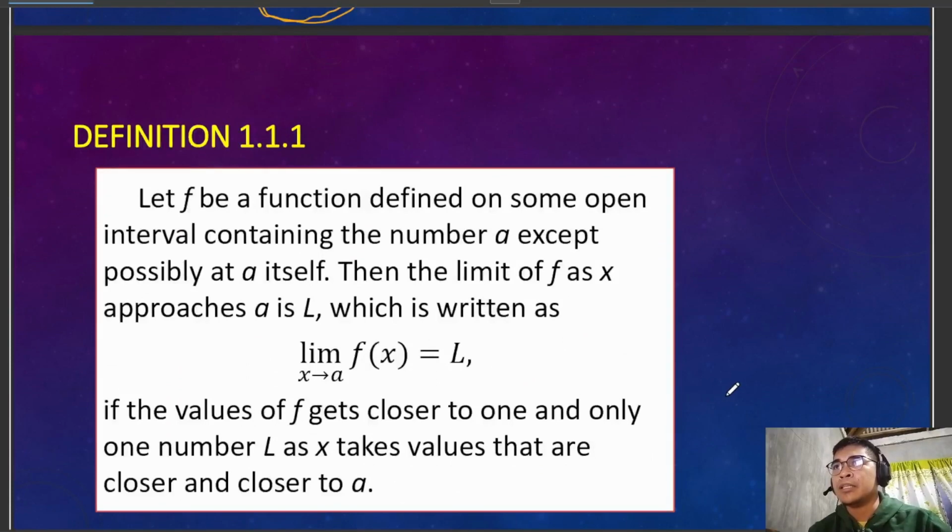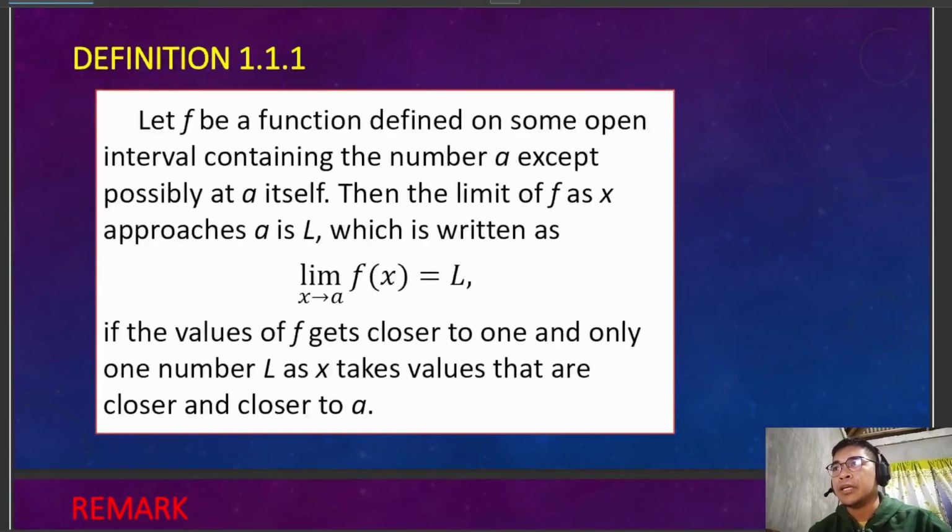Now, let's have the definition. Okay? Definition. Let f be a function defined on some open interval, so we have the term, open interval, containing the number a, except possibly at a itself. There is an exemption, which is the a.